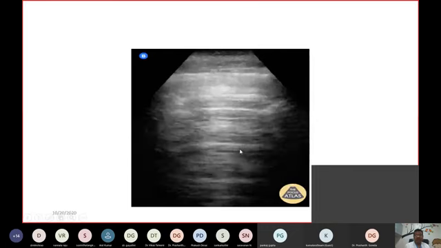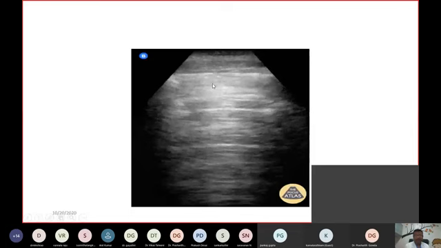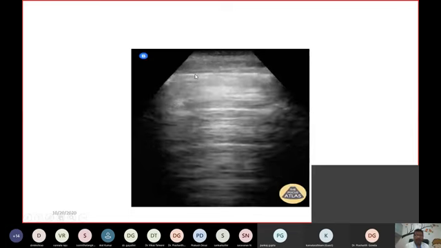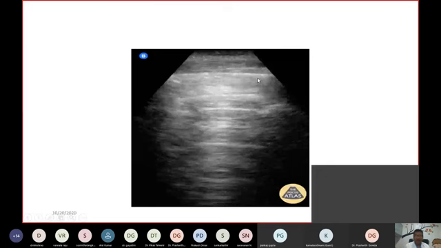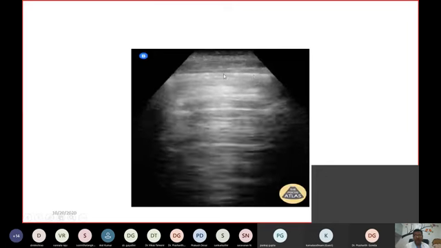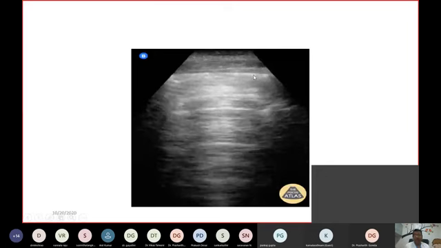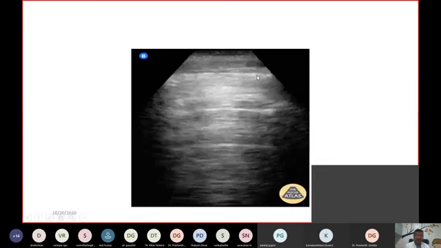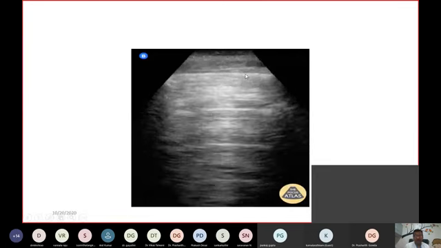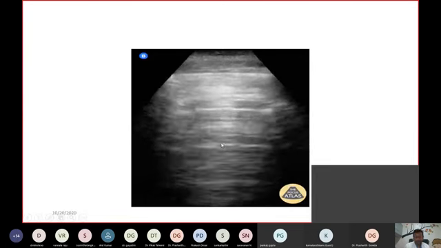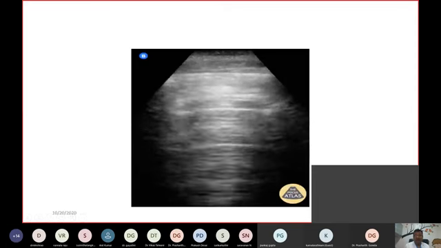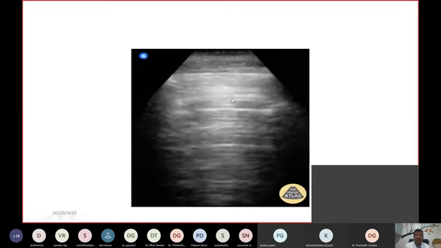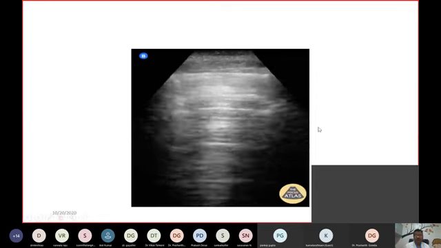You may get occasional comet tails, and there is lung sliding. I told you last time what lung sliding is. It's like shimmering or ants marching. You can look at the pleural line; it appears as if it is shimmering or ants marching. So that's a thin pleural line with lung sliding, equidistant A lines, and no or occasional B lines. That is your A profile, or how a normal lung looks.